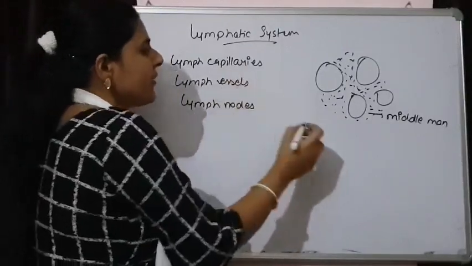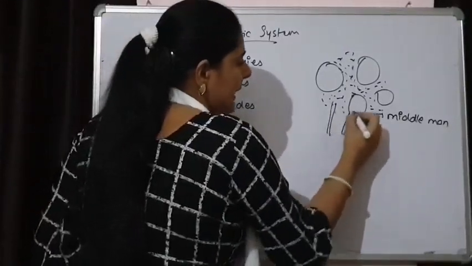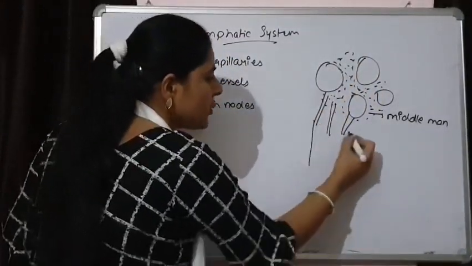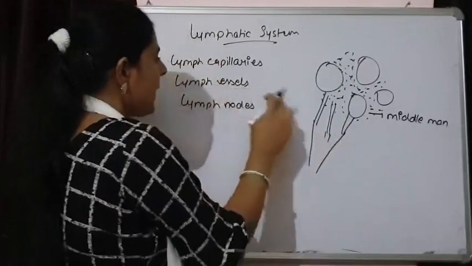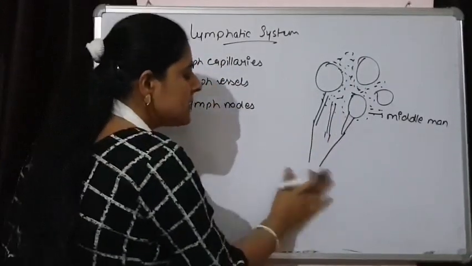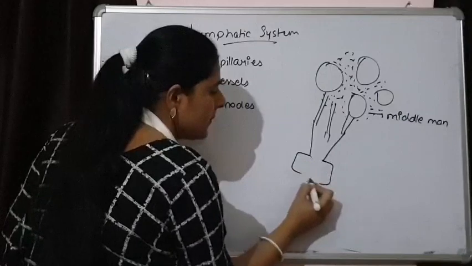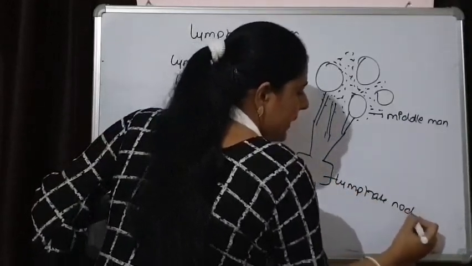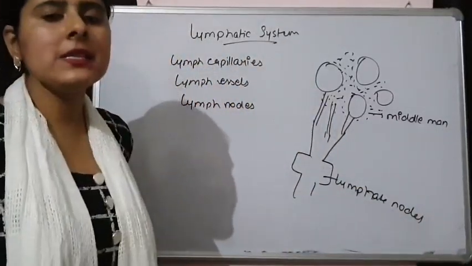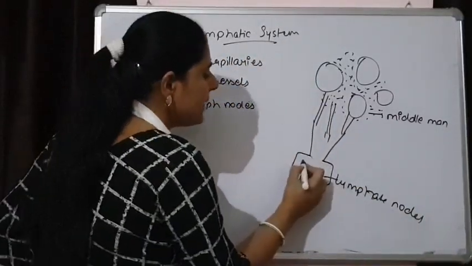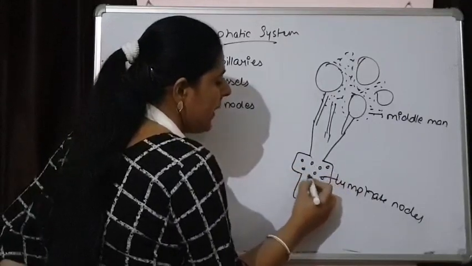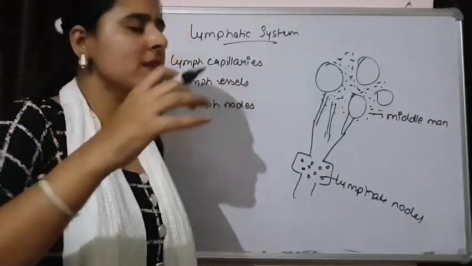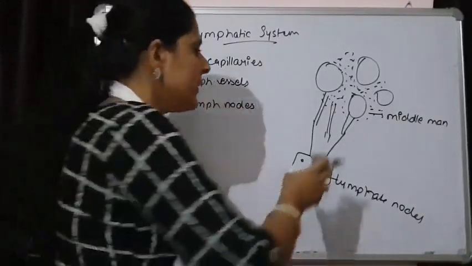Another thing is, these lymph capillaries carry lymph between the tissue spaces, and they join together to form large size vessels, that are lymph vessels. These lymph vessels have nodes known as lymphatic nodes at intervals, and these lymphatic nodes contain lymphocytes. The lymphocytes produce antibodies which are responsible for the cleaning of the lymph.